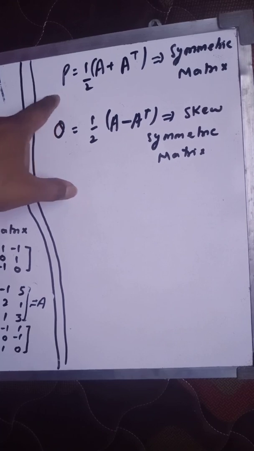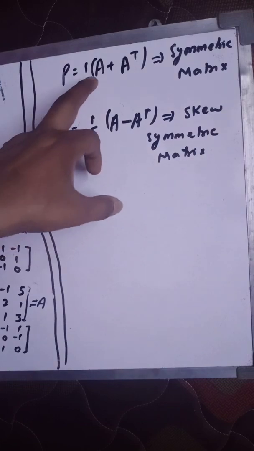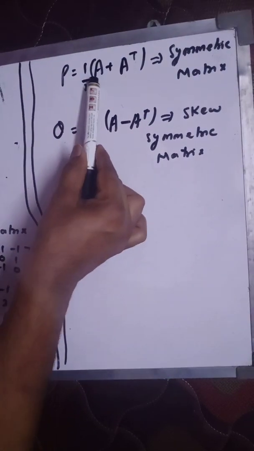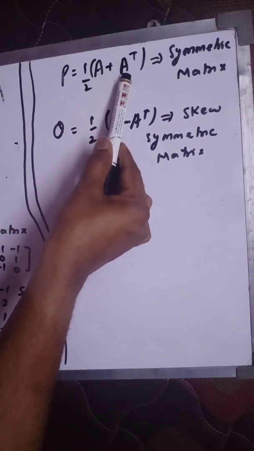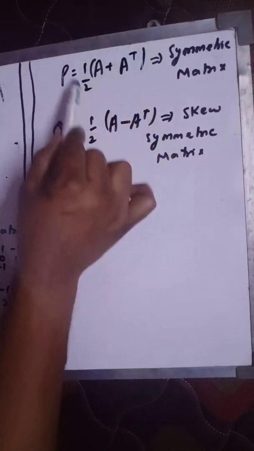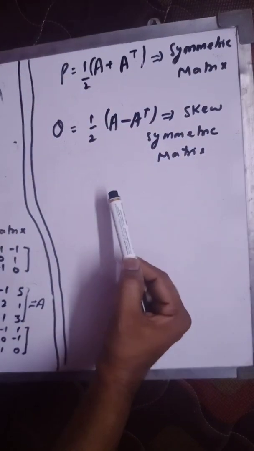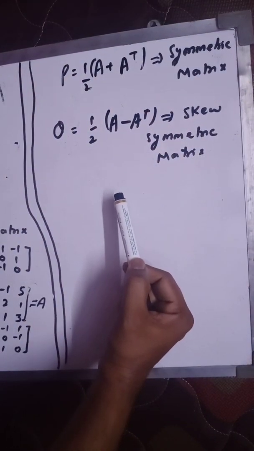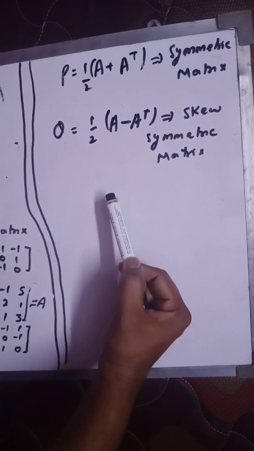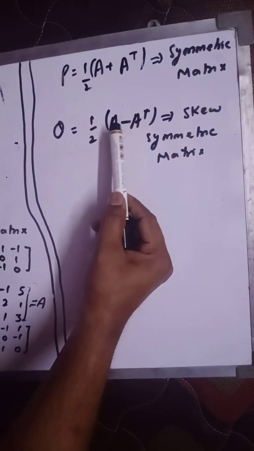If A is any matrix given to you, it may be any matrix, then if you find A plus A transpose, the sum of these two multiplied by half, the matrix which you will get would be a symmetric matrix. So this is a condition to obtain a symmetric matrix.